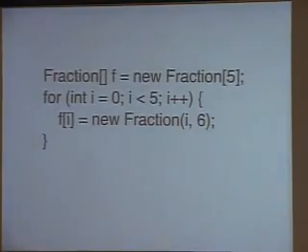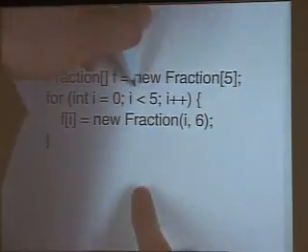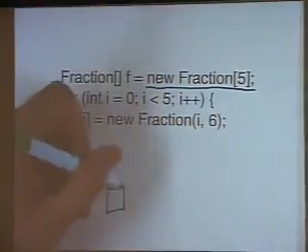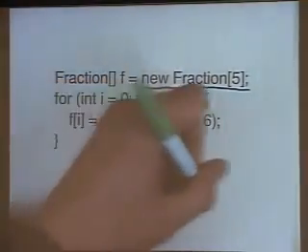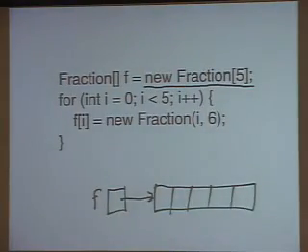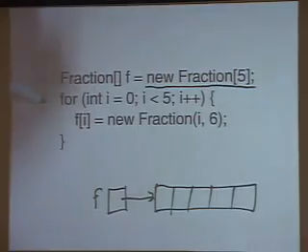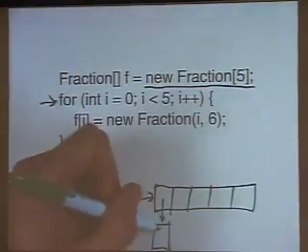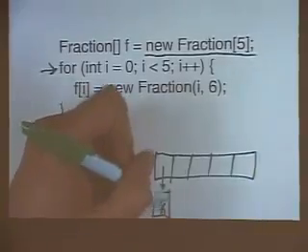Here's the code we care about, though. We are creating a new array of 5 fractions, and what that does is it just creates the array of 5 fraction references. And it's up to you, if you want actual fraction objects, to write a loop that goes through and creates all those fraction objects one by one.